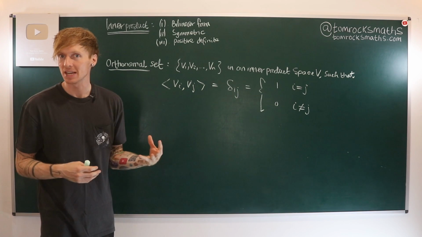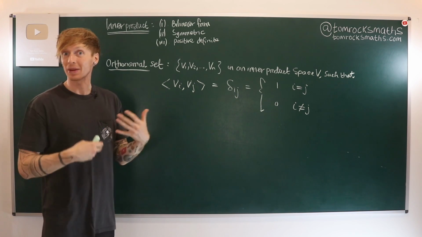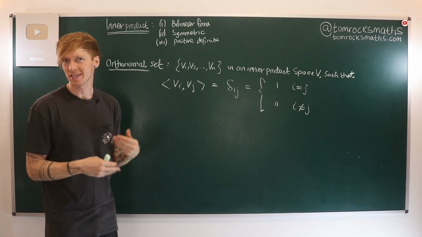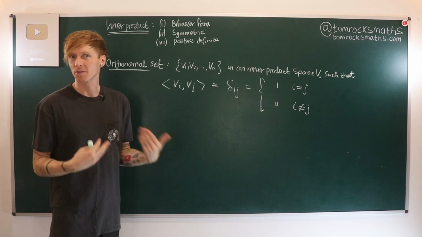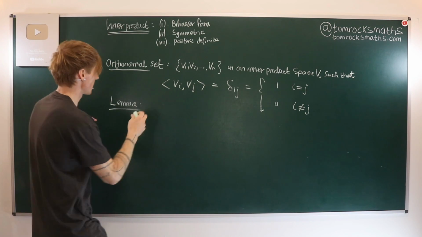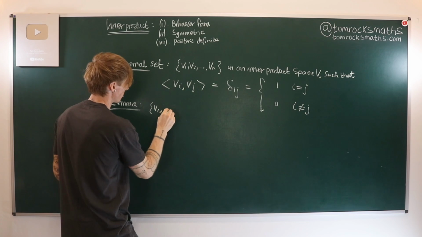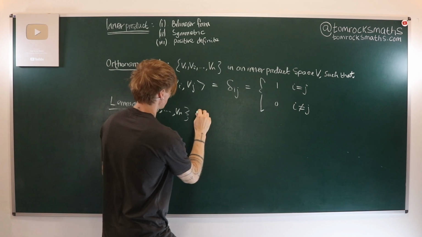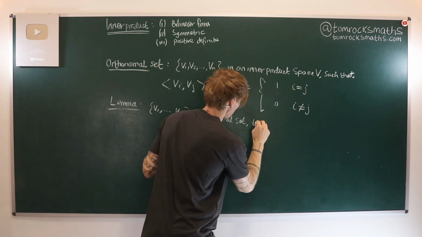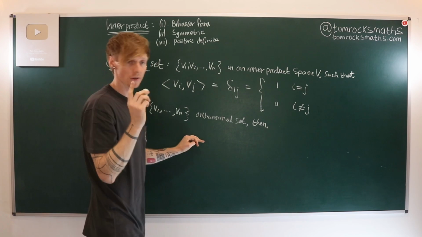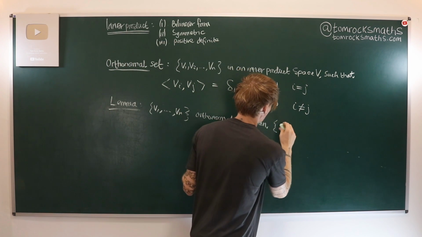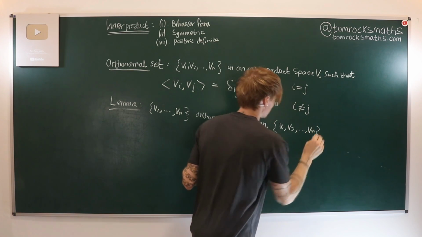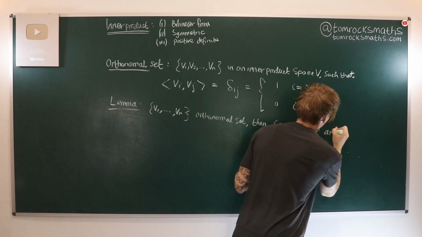Armed with this definition, we can now actually prove the following lemma, which relates back to what I was saying about this being helpful for constructing a basis. So the lemma says the following. For v1 to vn an orthonormal set, which again means they fit this definition, then in fact we can conclude that v1 up to vn are linearly independent.